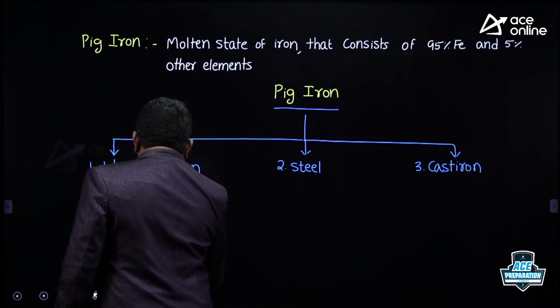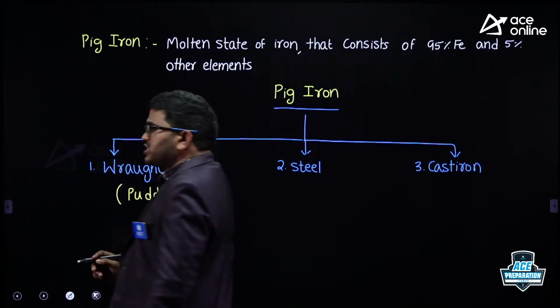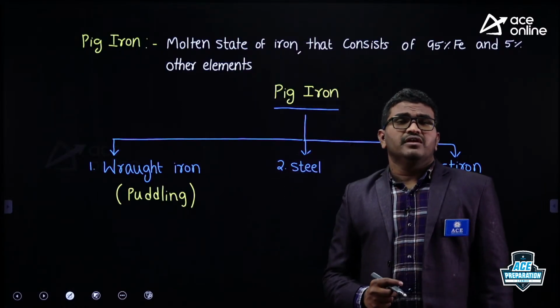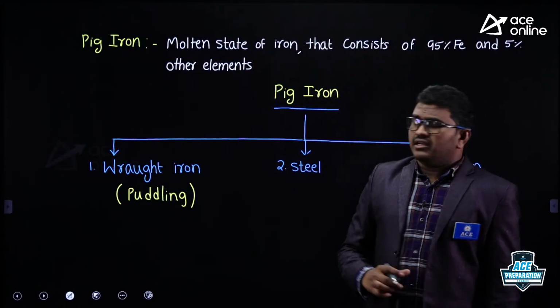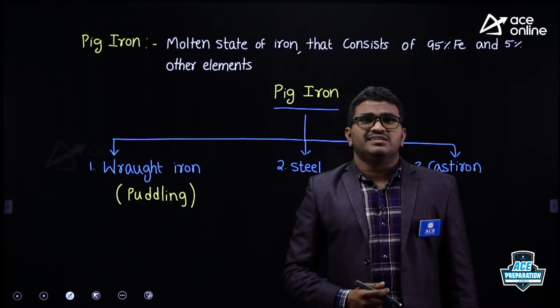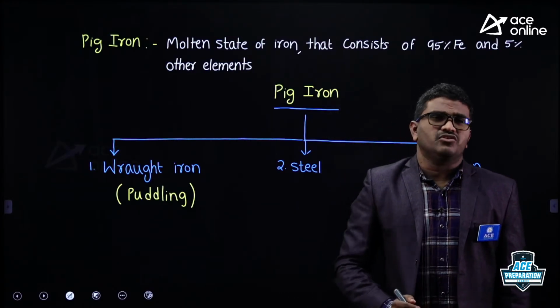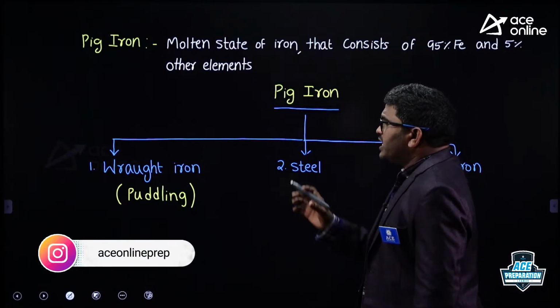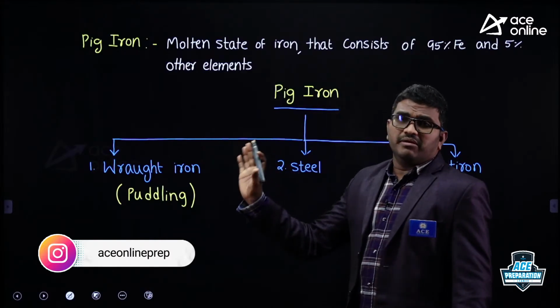You just remember the name. You need not remember the production process of wrought iron because it is not that important for your GATE and ESE, because most of us learn the production of wrought iron in the steel making subject. It is not required here for you. Wrought iron is a pure form of iron, remember.